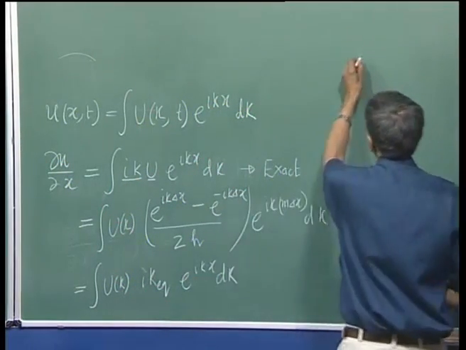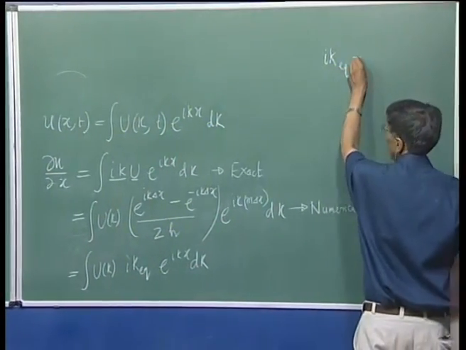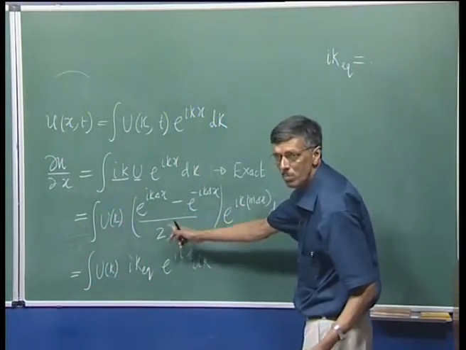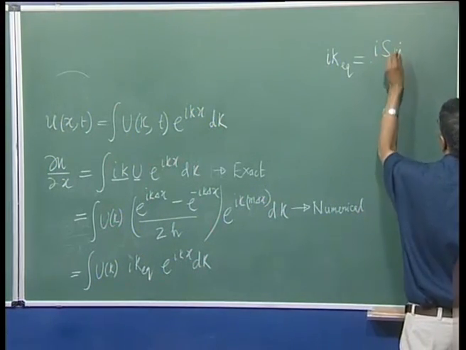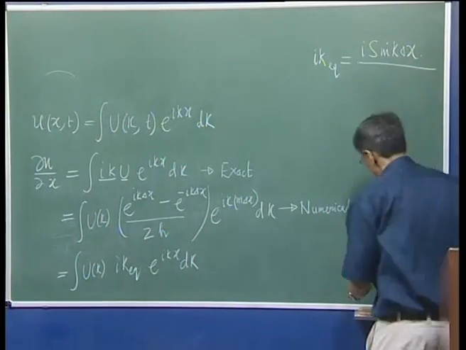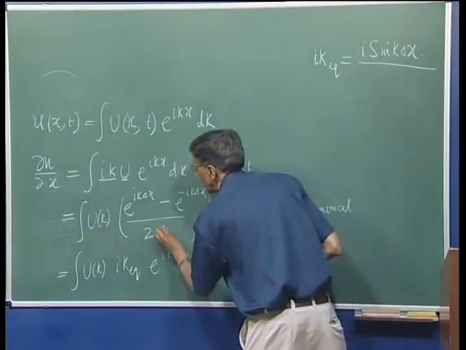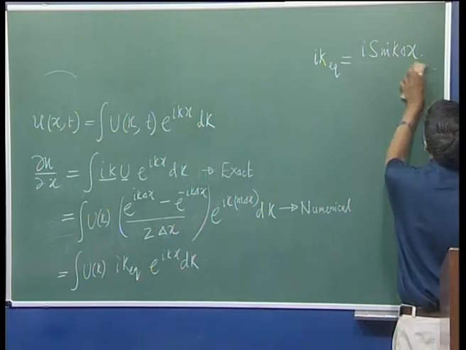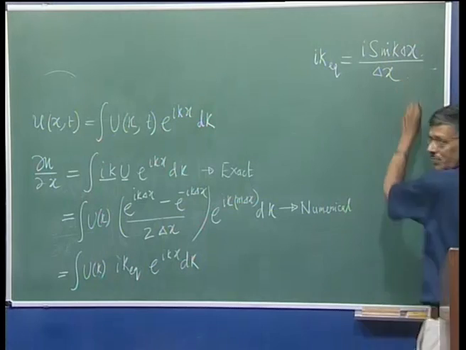And what is this i k equivalent? It is this quantity, 2 i sin k delta x by 2h. So, that I will get equal to i sin k delta x divided by, well, I am mixing up. Instead of h, let me write this as delta x. So, I am going to get this as equal to i sin k delta x by delta x.